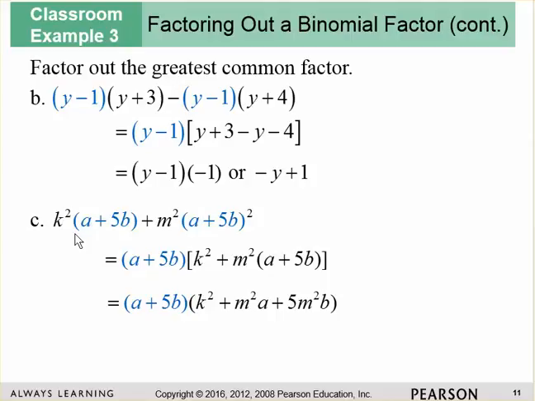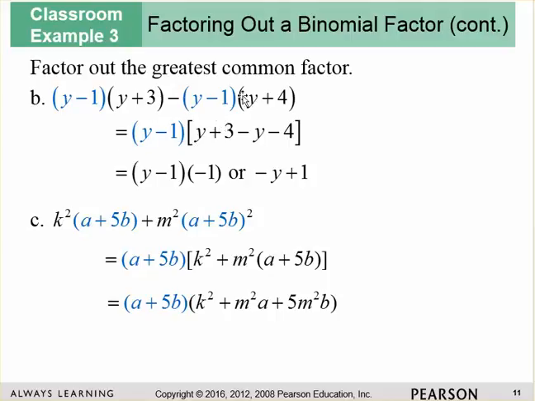Notice again that we have a common binomial. In the first term here in example B, we have a y minus 1 times y plus 3 minus y minus 1 times y plus 4. So again, that common binomial, y minus 1, we're going to factor it out.